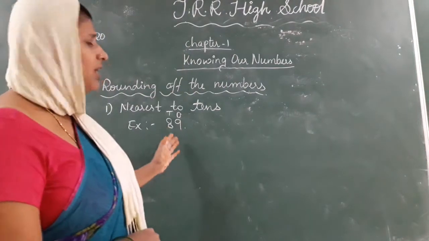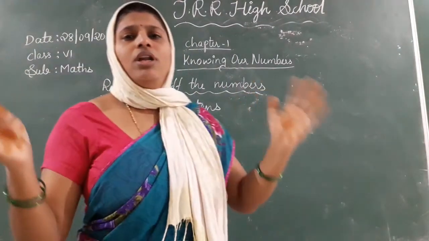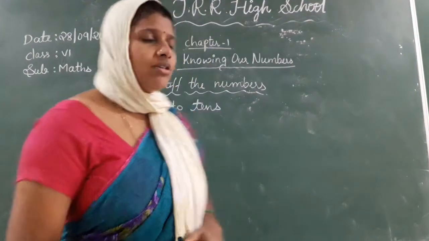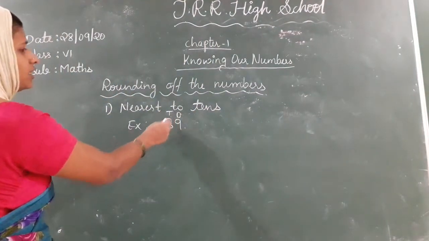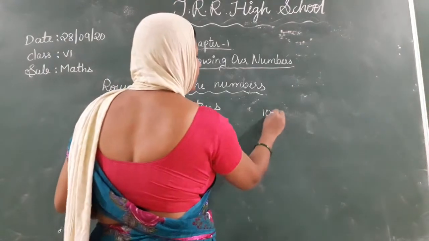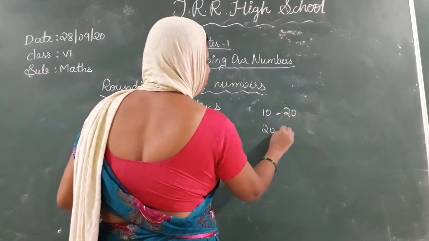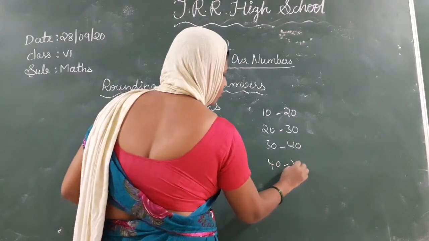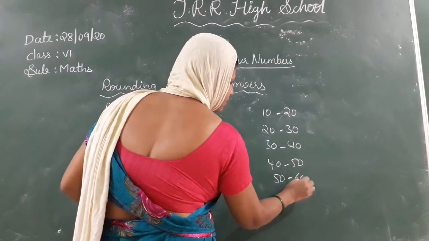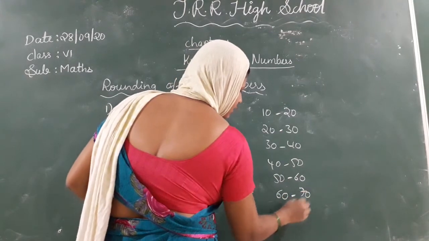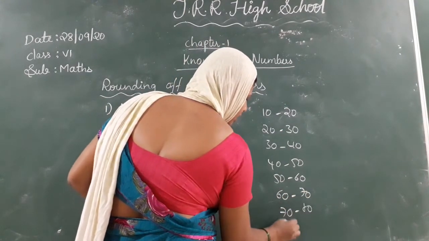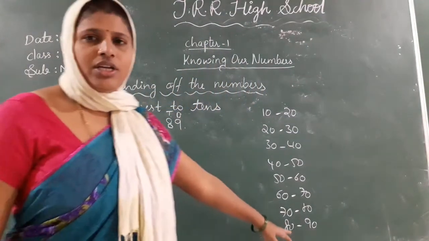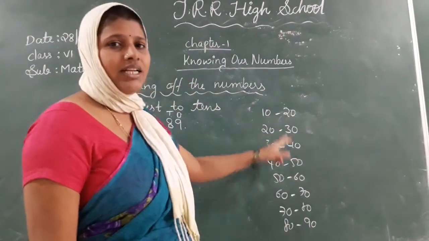Now tell me, between what numbers does 89 lie? When you are considering the tens, you know that there are 10 to 20, 20 to 30, 30 to 40, 40 to 50, 50 to 60, 60 to 70, 70 to 80, 80 to 90. Up to here we will be having the tens numbers.